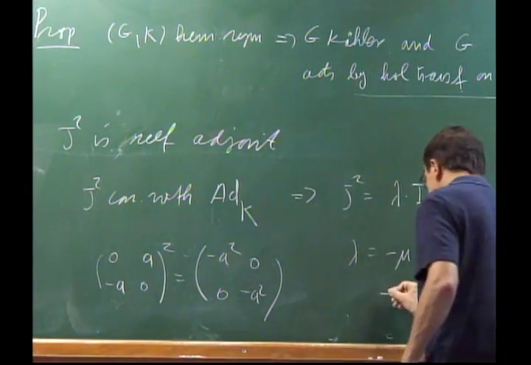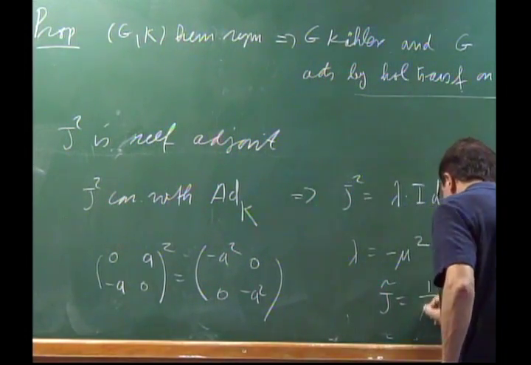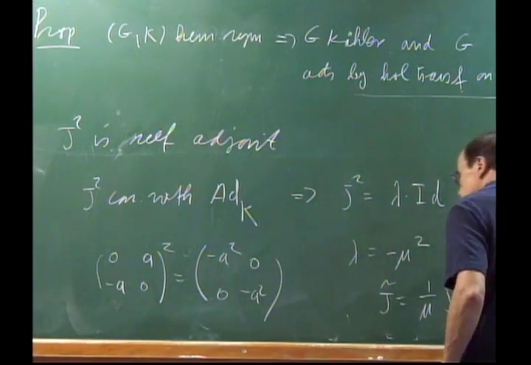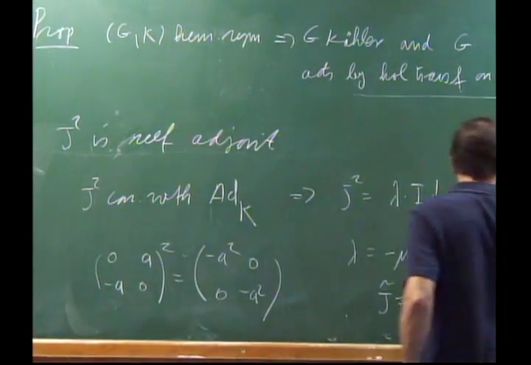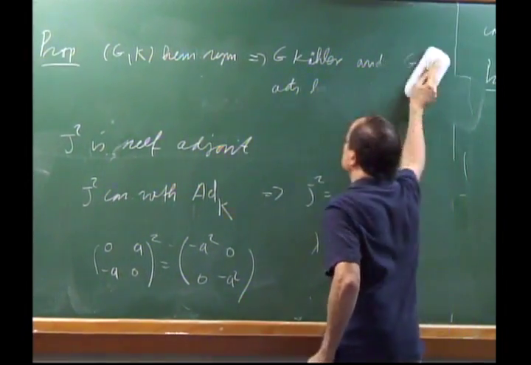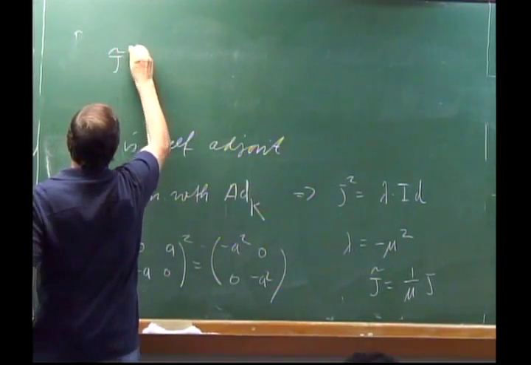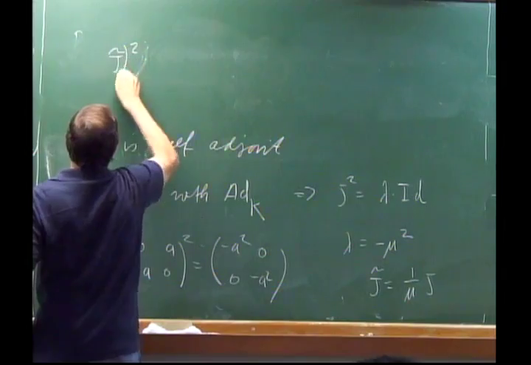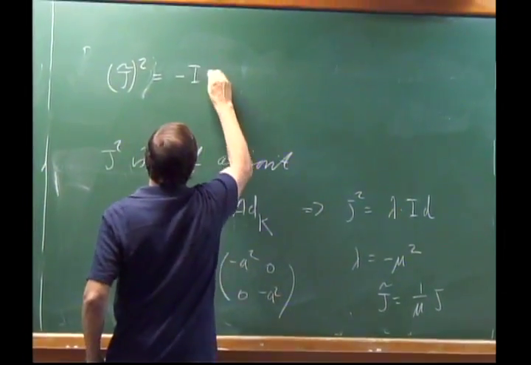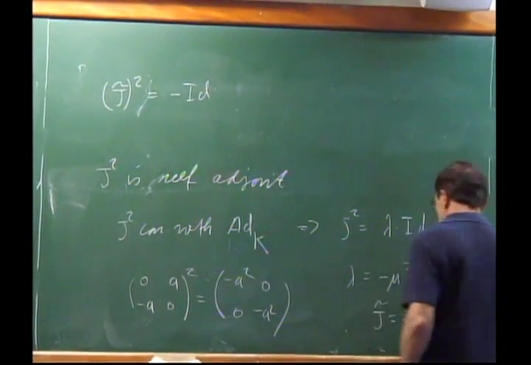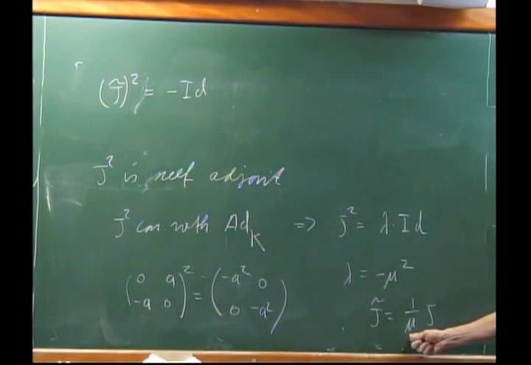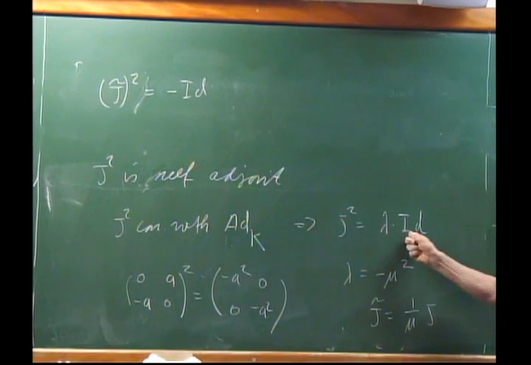Absolutely. So J tilde is 1 over mu times J. And then, of course, J tilde squared is minus identity. Right, it's 1 over mu squared times J squared, which is 1 over mu squared times lambda. And J squared was lambda identity. Okay.